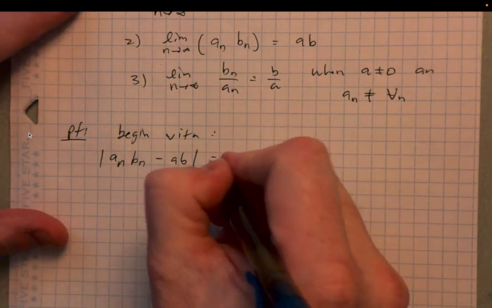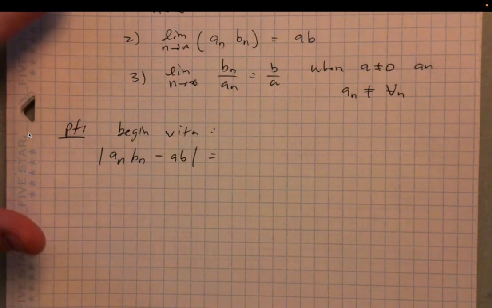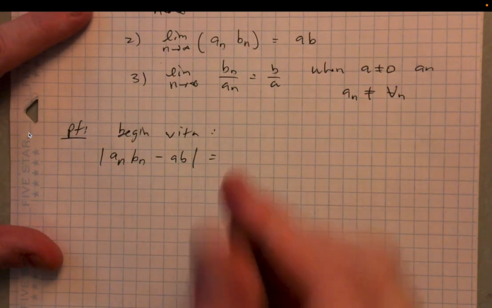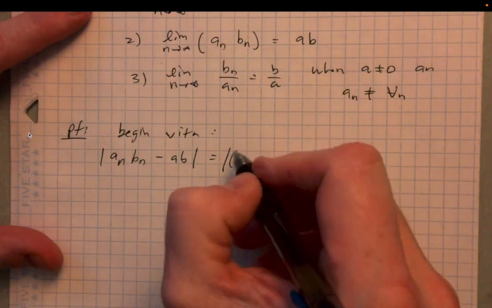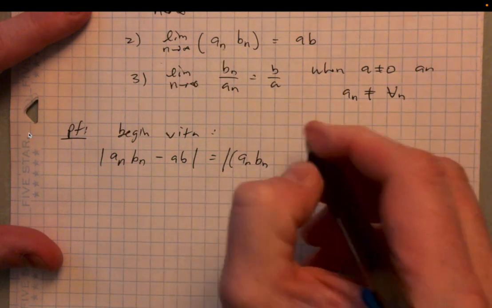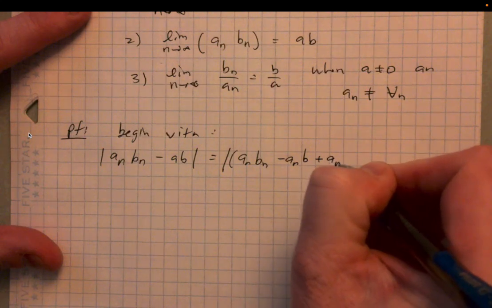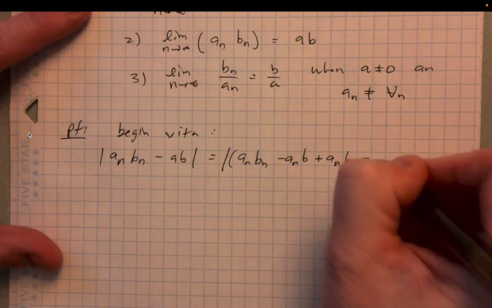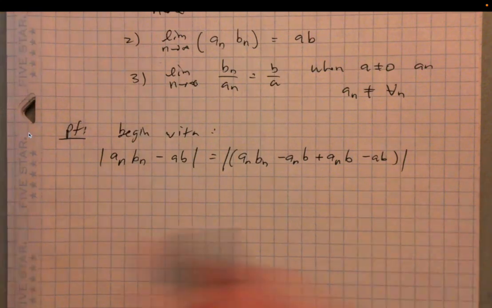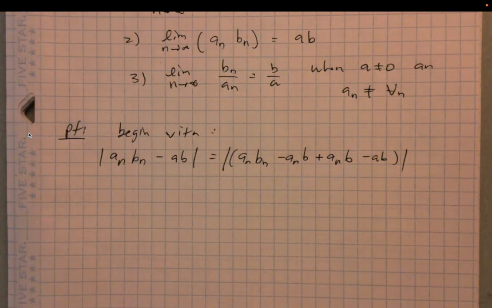And we're going to just expand this. We're going to add and subtract a term here. So we're going to say a sub n, b sub n minus a sub n b plus a sub n b minus ab, right? So here's a very familiar algebra trick of adding and subtracting the same term. You just want to introduce a little more opportunity into the expression, right?